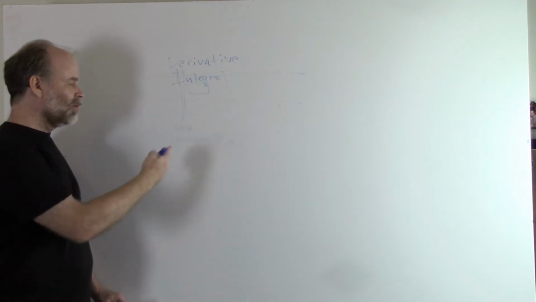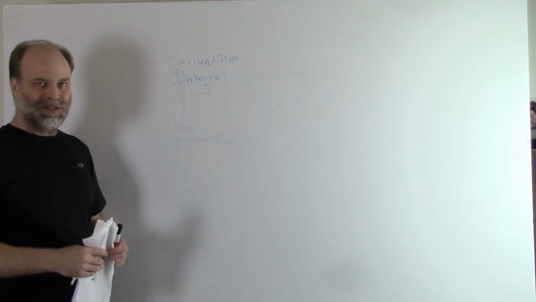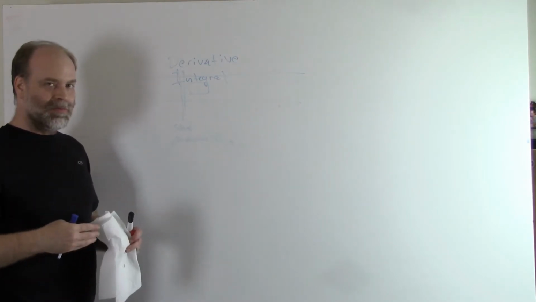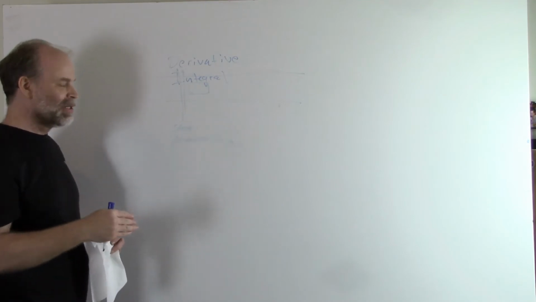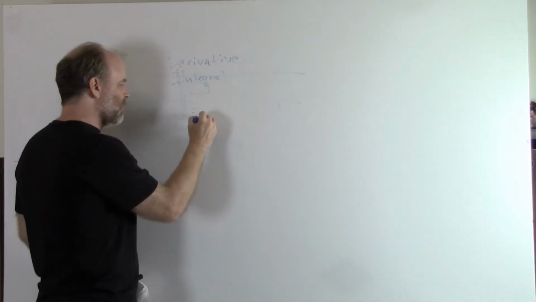So we'll talk about what these terms mean and their geometric implications, and more importantly, even than those concepts, is the way that they relate to each other. There is something called the fundamental theorem of calculus.